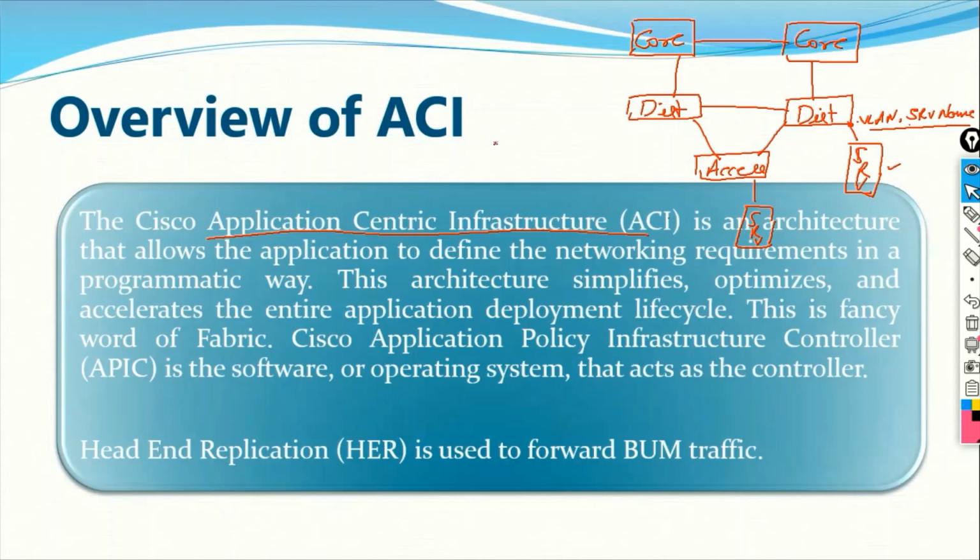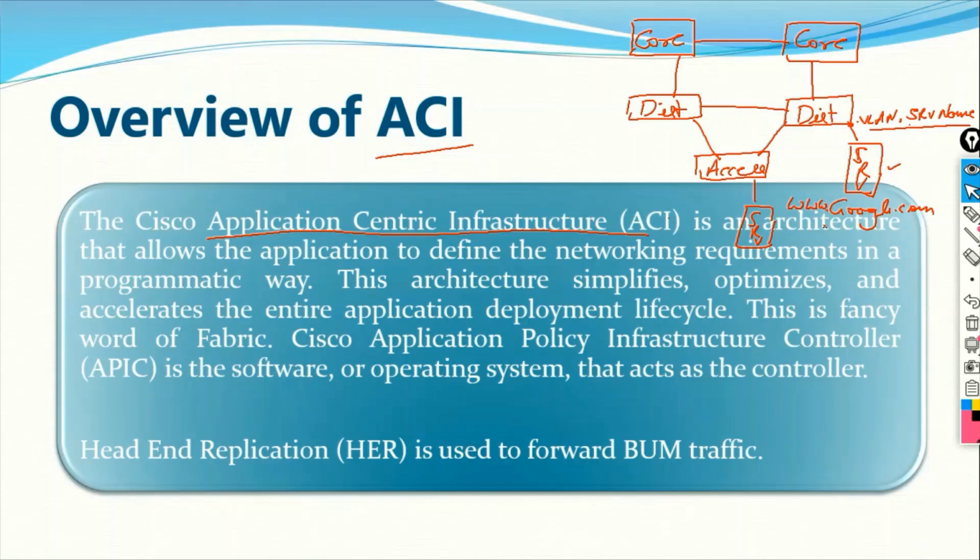But now ACI says that the network engineer must be aware of what this server is and what application is running within this particular server. For example, this is a web server serving a website called www.google.com.